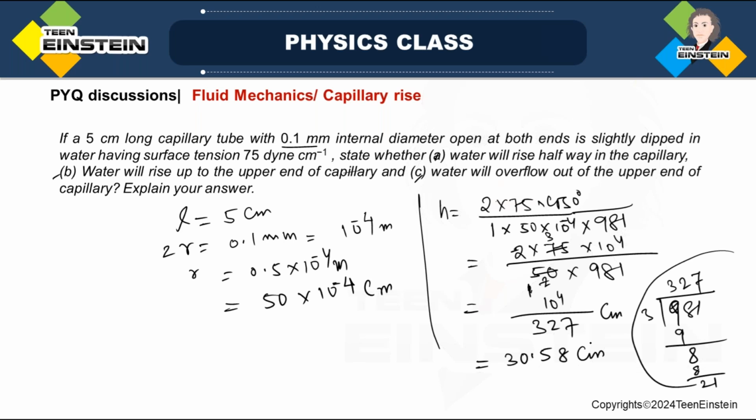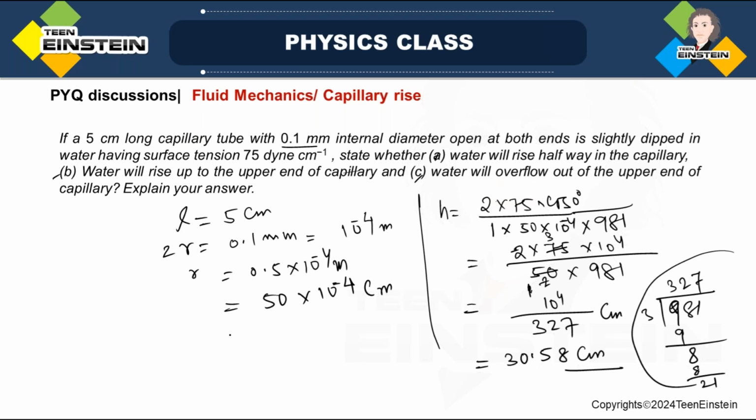So we have got the capillary rise. With the parameters given over here, the rise of liquid inside the capillary tube should be 30.58 centimeters. But this capillary tube is 5 centimeter long, just 5 centimeter long, right?